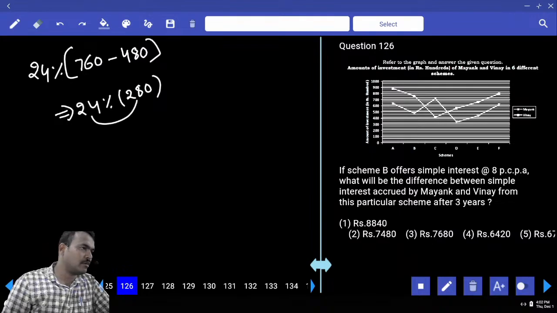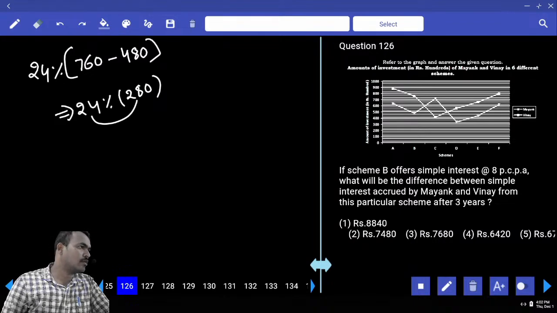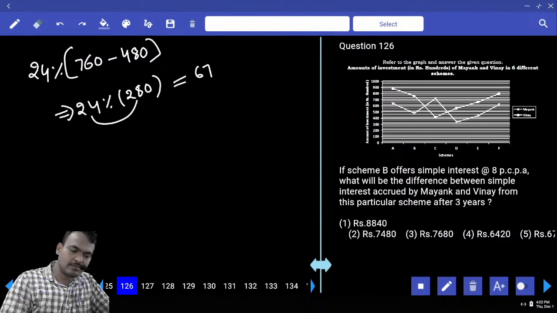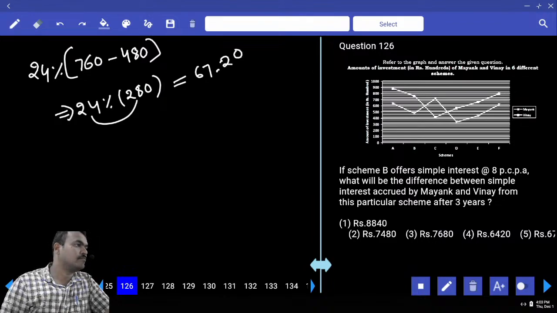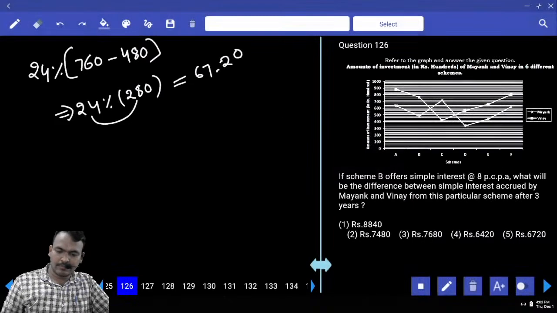24 into 28 is nothing but 26 square minus 2 square. What is the 26 square? 676. What is the 2 square? 4. 676 minus 4 is 672. So this one we write as 67.20, into how much value? 100 or 200? 100.